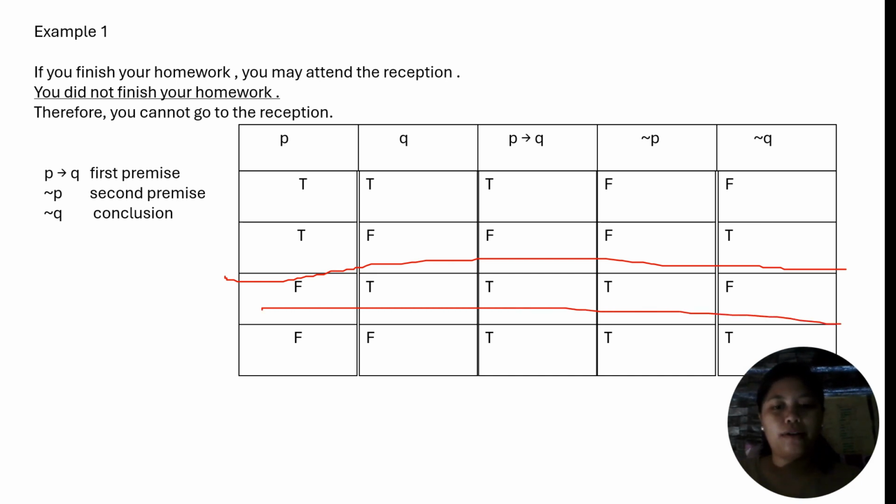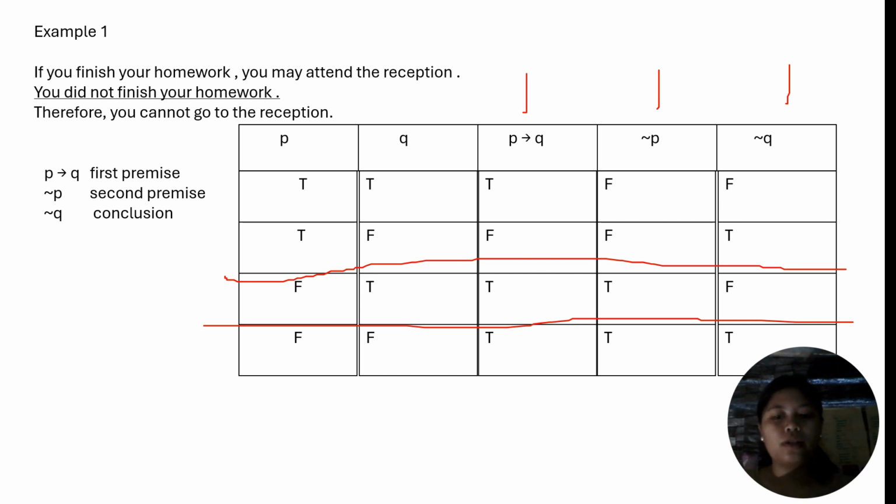So let's observe this row. This is our first premise, second premise, and the conclusion. Our first premise, P implies Q, is true, the second premise is true, and the conclusion is false. So this statement is considered an invalid argument. Why?